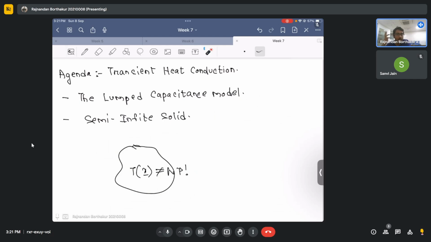We will see why it is called that, but can you tell me under what circumstances the paradigm I described, the lump capacitance model, is valid? This is the first question you need to understand before you go into the details. I'll give you some time.